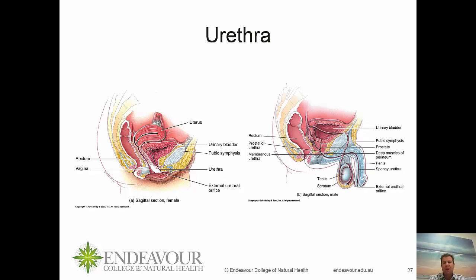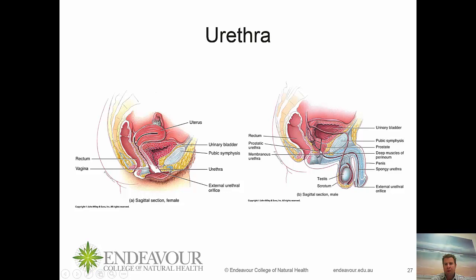Okay. You can actually see the really short length of the urethra in the female. Here it is here, quite a short structure. We've got the urethra there, okay, and in the male you can actually follow it all the way from here, all the way down, back, around, and up through there.